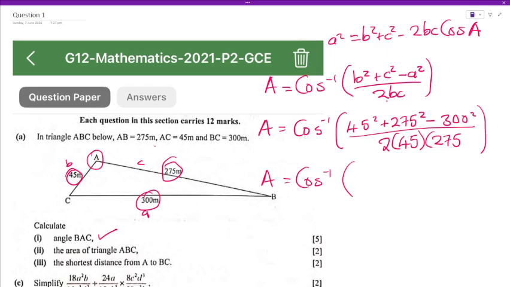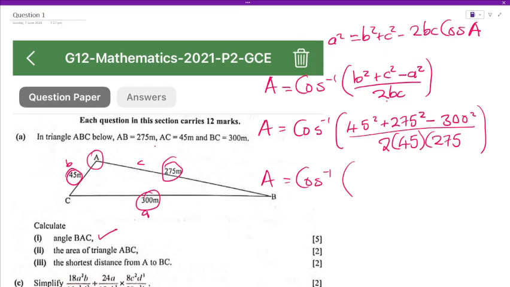45 squared plus 275 squared minus 300 squared, over 2 times 45 times 275. So 45 squared plus 275 squared minus 300 squared over 2 times 45 times 275, and I press equals.